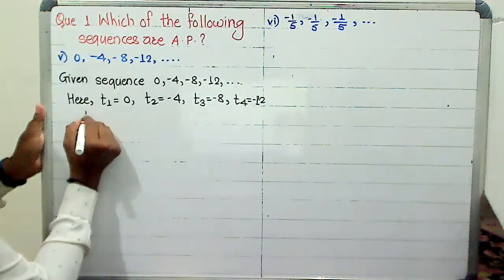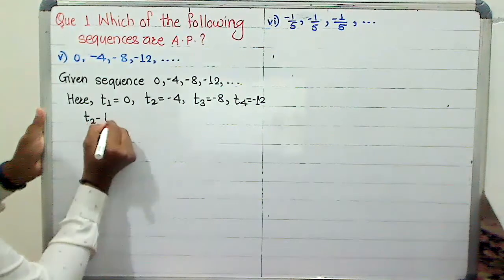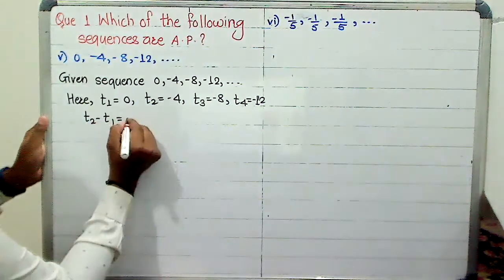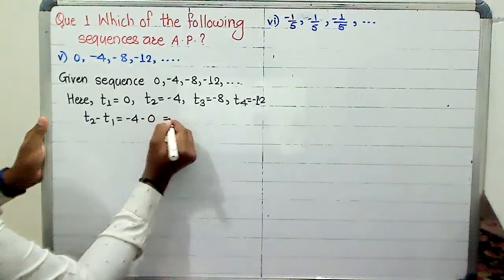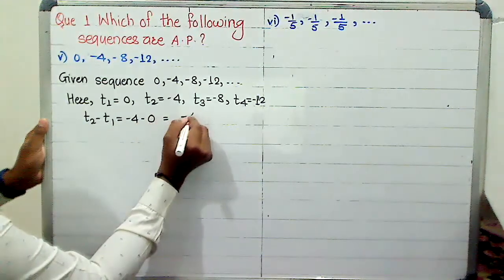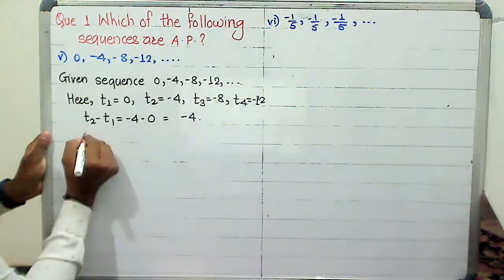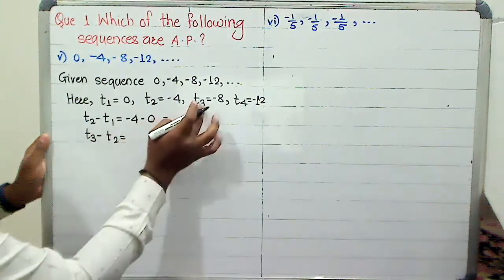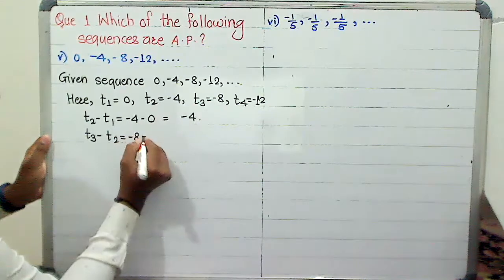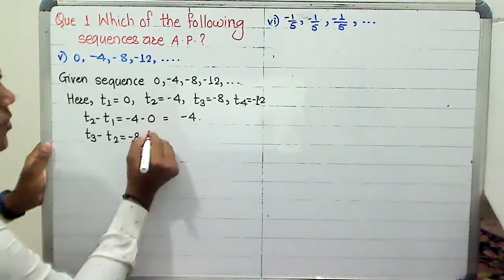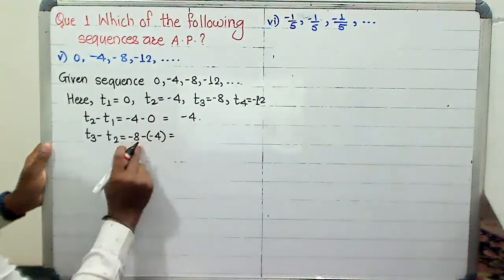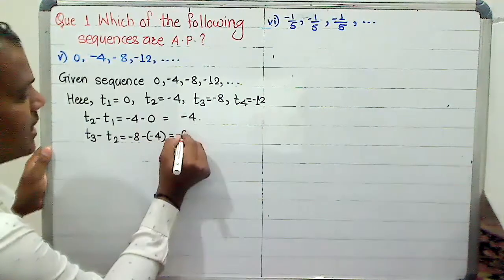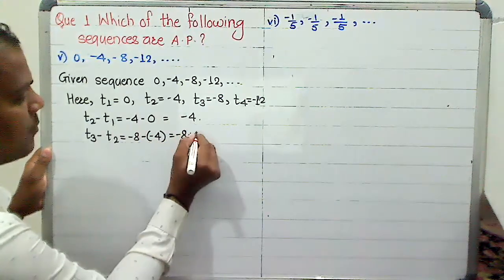So again, we are going to do the same thing. T2 minus T1 is equals to minus 4, minus 0 is equals to minus 4. Then T3 minus T2, value of T3 is minus 8, minus value of T2 is minus 4. So minus minus will become plus. So again I can write minus 8 plus 4.